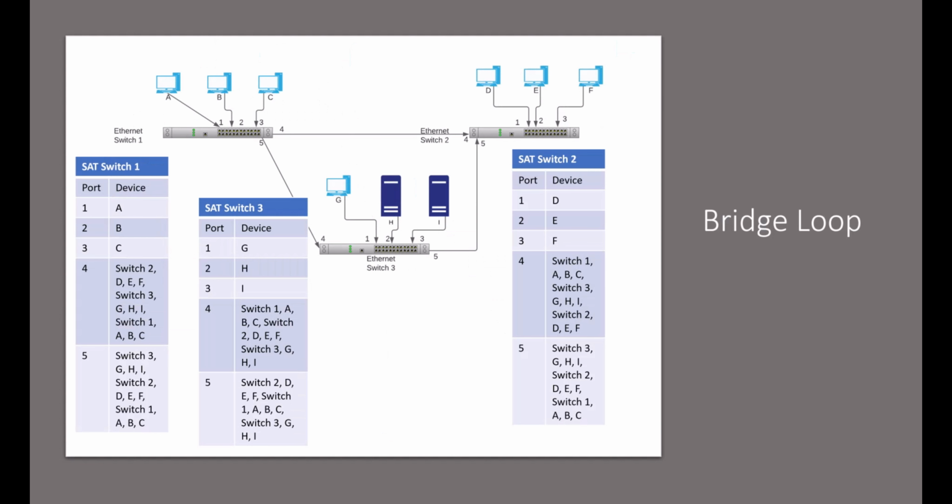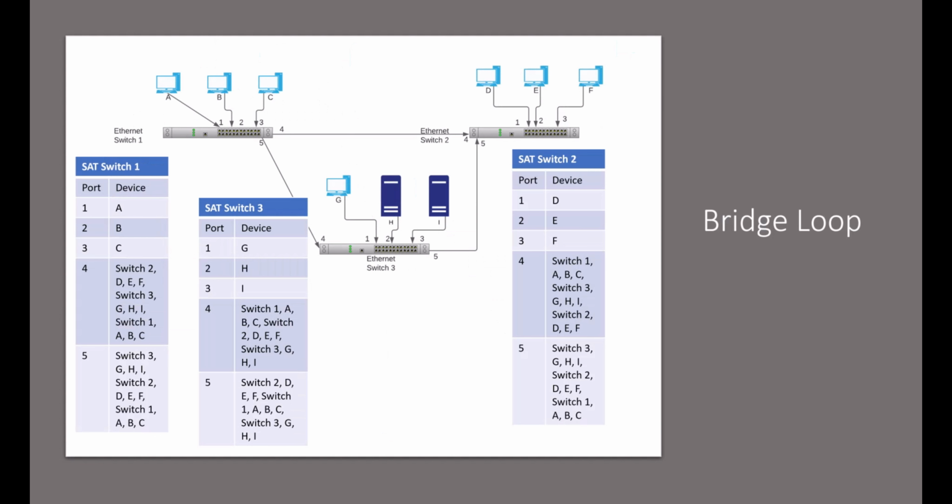So on Ethernet switch 1, on port 1 we have A, on port 2 we have B, and on port 3 we have C. On port 4 we can see switch 2, and switch 2 has plugged into it D, E, and F. But you know what? I can also see switch 3 through that port because it's connected to Ethernet switch 2. And I can see G, H, and I on that one.